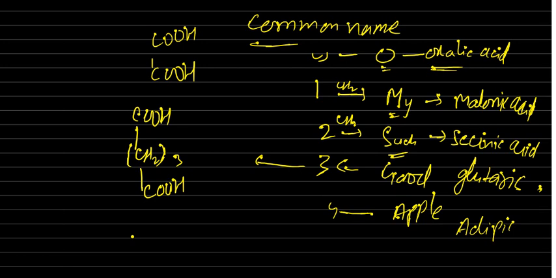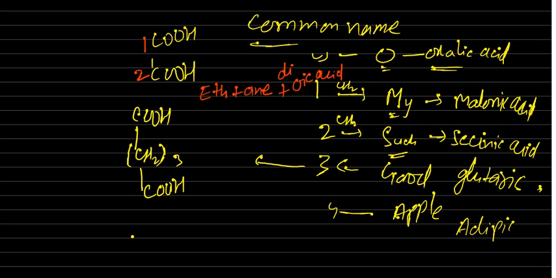For the IUPAC name, you just have to give the numbering. Suppose here 1 and 2, total 2 carbons are there. So eth, single bond is there, and carboxylic acid suffix is oic acid. So ethane, and of course 2 are there, so dioic acid, the position is 1, 2.